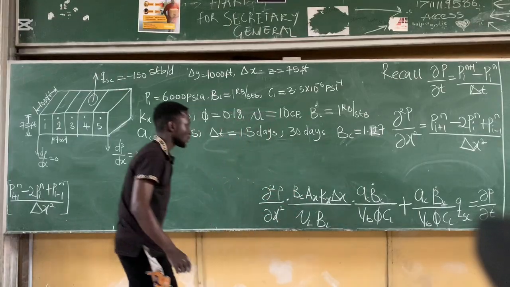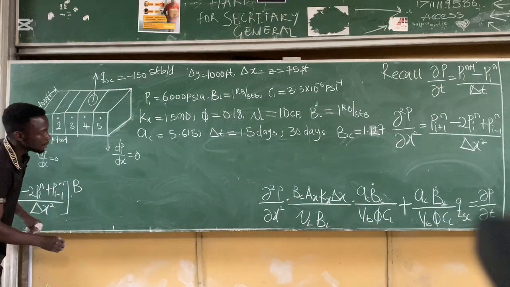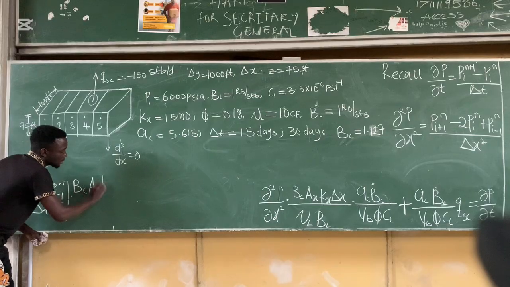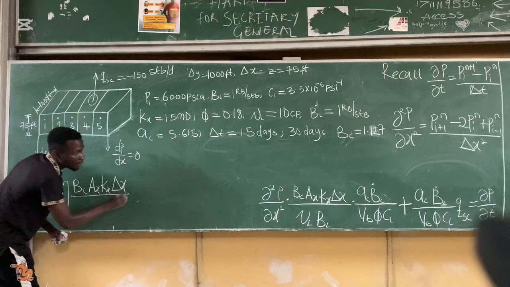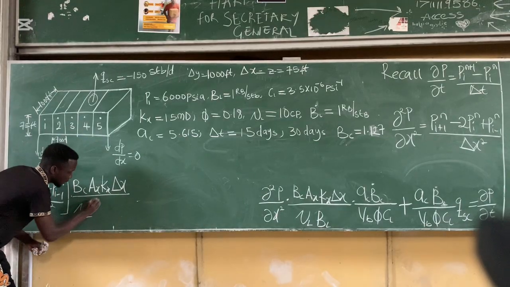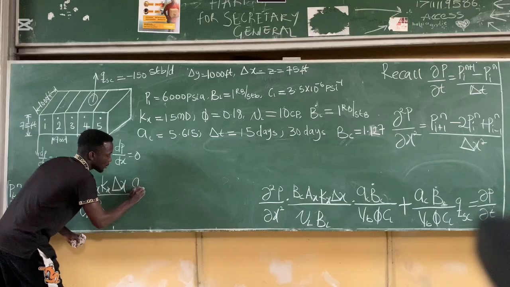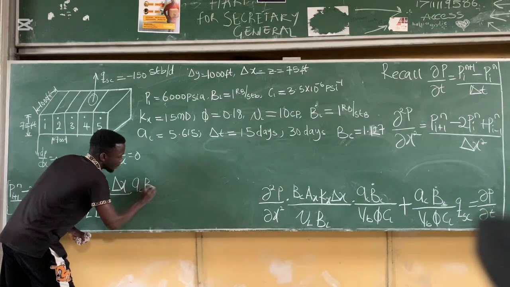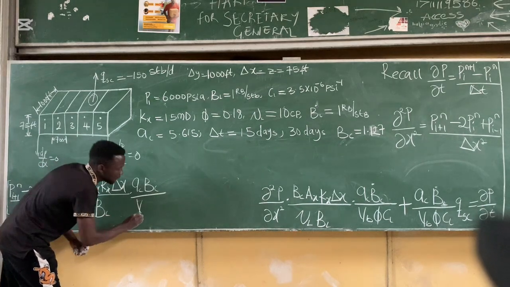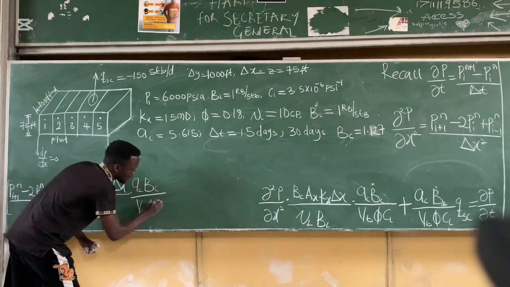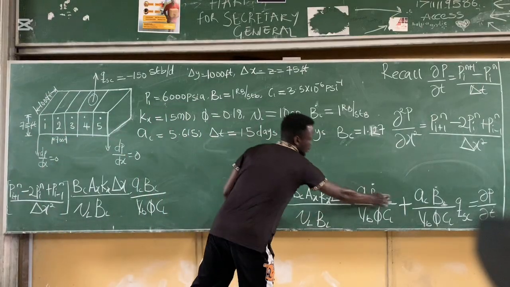Then write out the other constants, which are multiplied by B_c A_x k_x delta x all divided by mu L B_L, then multiplied by A_c B_c divided by V_b phi c_L. Now we have this for the part here.